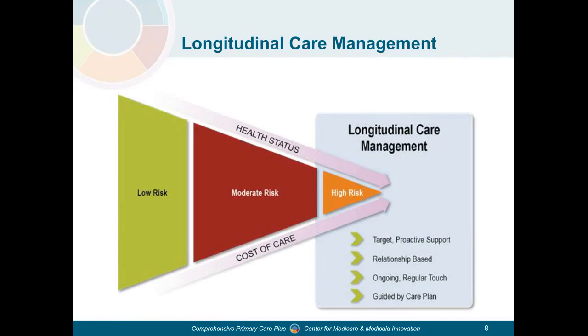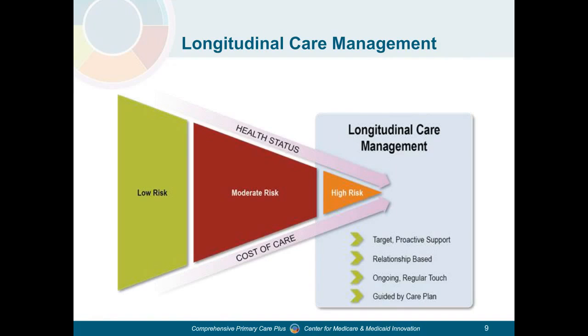A lot of you have seen this model before. The more intense the patient's needs are, the higher their costs, and most likely the lower their health status. So for a lot of people in the medical home world, that's the sweet spot for medical home. When you really start to transform the way you provide care and implement care management services in this way, you can have an incredible impact on these patients.